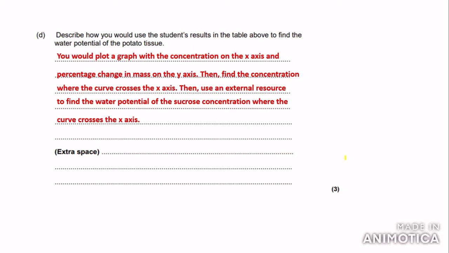Then find the concentration where the curve crosses the x-axis. Now, you can't tell what the water potential is from the graph. So you would need to use an external resource to find the water potential of the sucrose concentration where the curve crosses the axis, as you cannot tell just from your own knowledge.